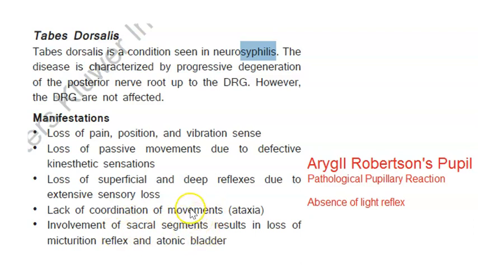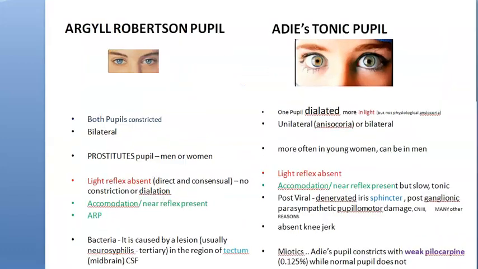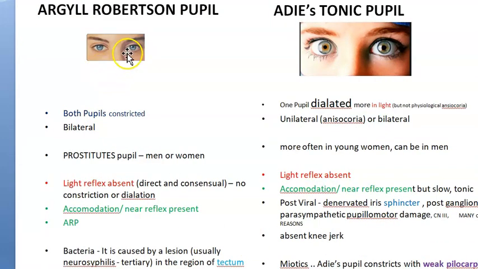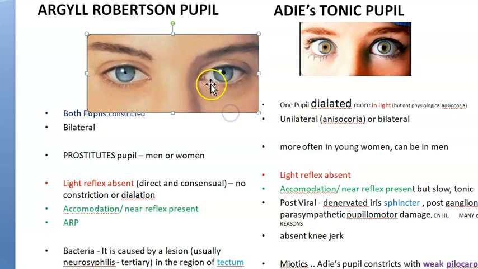There can be Argyll Robertson pupil, right? You know that there will be a constricted pupil in both the eyes, right? So that will be Argyll Robertson pupil. Basically here there will be accommodation but no light reflex. You remember this Argyll Robertson pupil? Both pupils are constricted bilaterally. This is also called prostitute's pupil, but it can affect men and women.